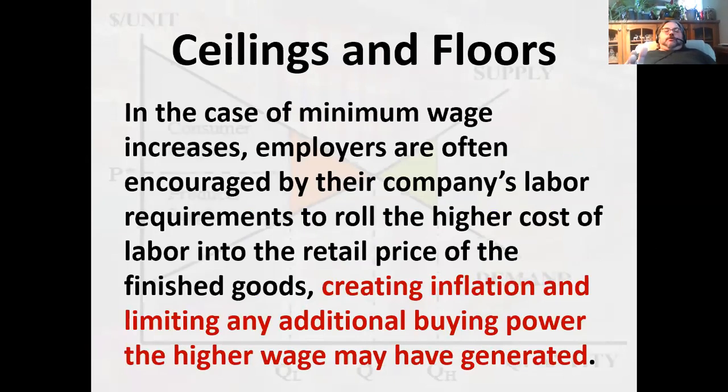So, in the case of minimum wage increases, employers are encouraged by their company's labor requirements to pass that higher cost of labor into the retail price of finished goods. This is the unintended consequence of a minimum wage hike. People say, well, I can't afford to buy a gallon of milk because it's $3 a gallon and I only make $7.25 an hour.